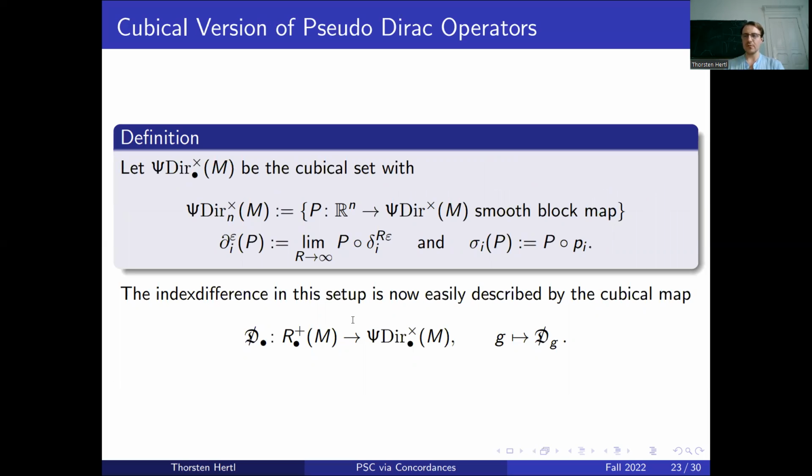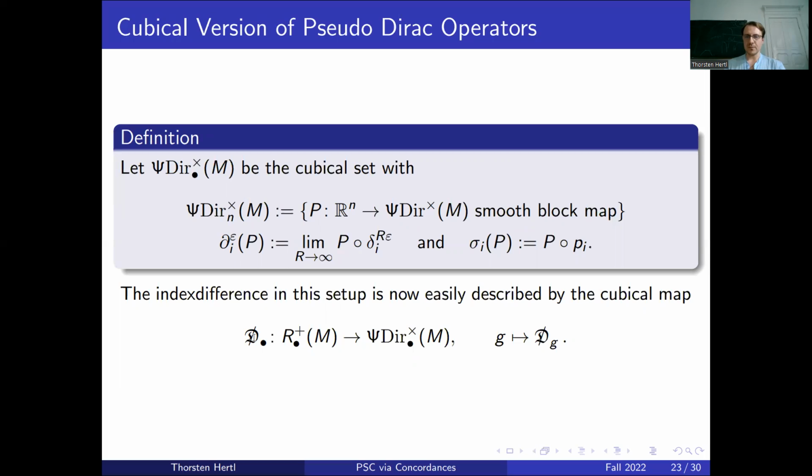So this is a really nice black box we can use here, because with that result, we have a really nice cubical model for the classifying space of real K-theory, which is again given by a nice adaptation of a singular set of a topological space. Here we consider the cubical set of all smooth block maps from R^n into the space of all pseudo-Dirac operators. The face and degeneracy maps are as in the case of the cubical model for the space of PSC metrics.